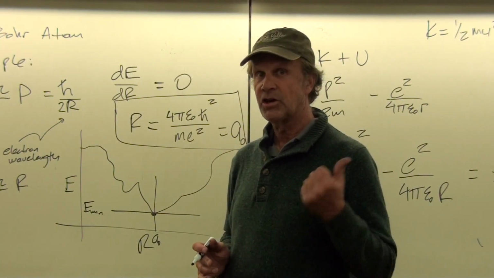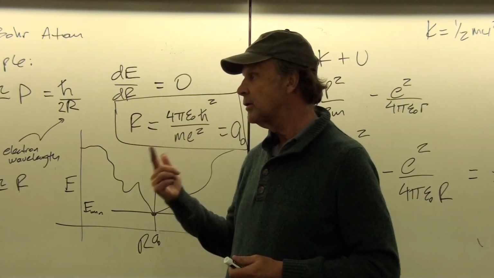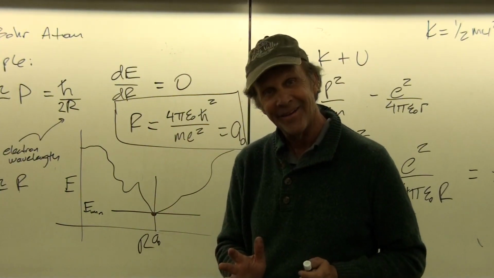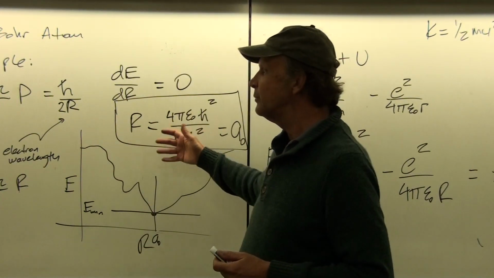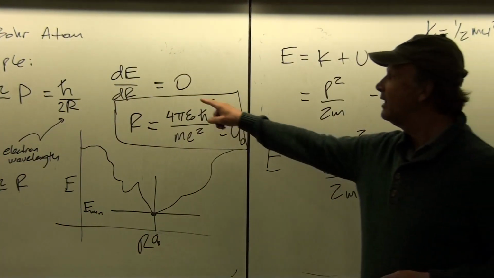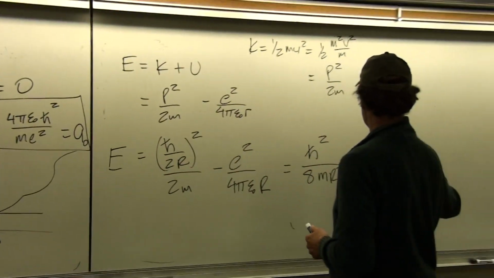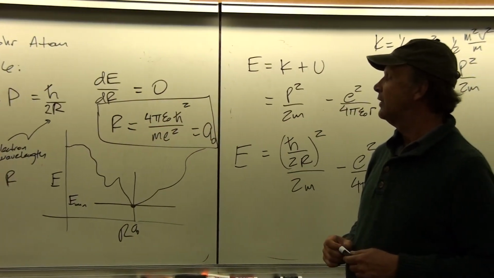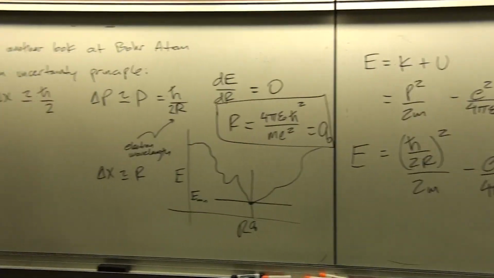And so then that shows that the idea of our standing wave particle only existing down to the Bohr radius but nowhere closer to the nucleus than that is consistent with the uncertainty principle combined together with the principle of conservation of energy. And I welcome you to do the math on this and to work this out. Take dE dr, set that equal to 0, and show that you do in fact get this condition on the Bohr radius.